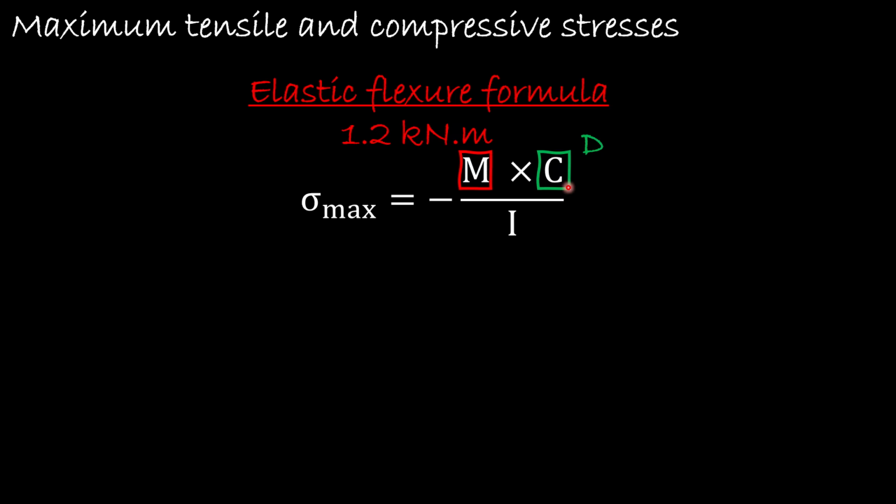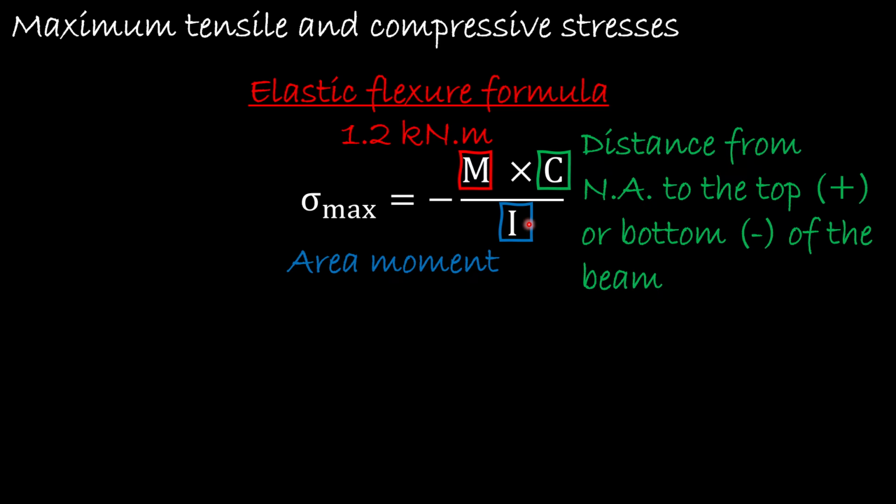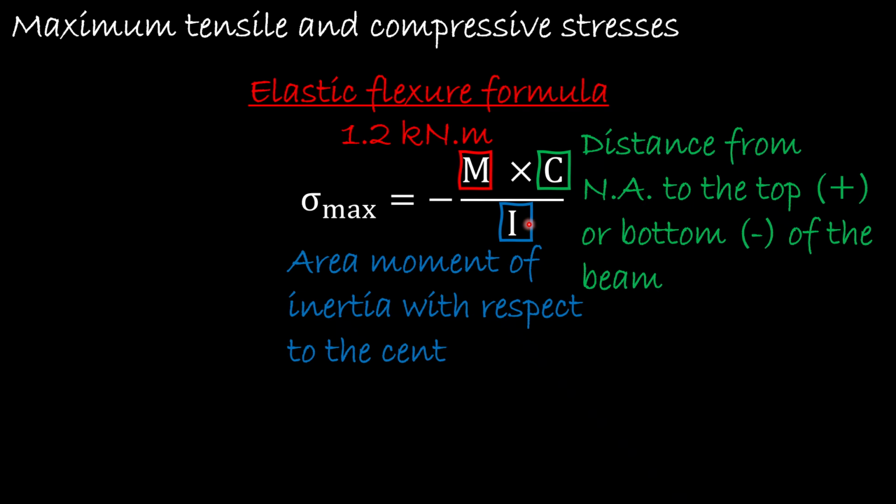Next, we want to know what is c. c is the distance from the neutral axis, or the x-axis, all the way to the top of the beam, which will be your positive y-axis, or all the way to the bottom of the beam, which will be your negative y-axis. And then I is the area moment of inertia with respect to the centroid of the entire cross section.